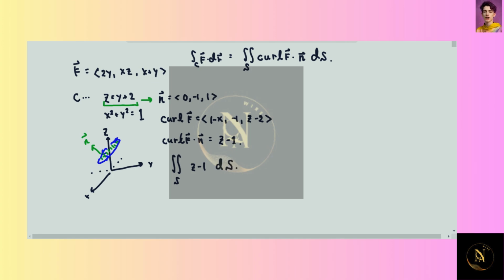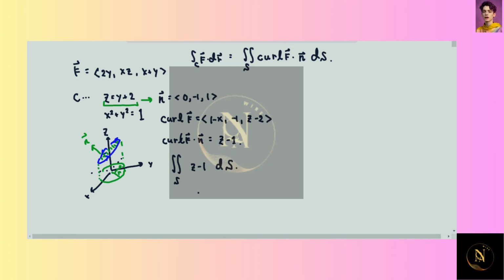Now I am going to straightforwardly calculate this, but I like to parameterize the surface so that the projection is onto the xy plane, so that it's going to be a straightforward circle. The radius is r, the angle is theta. The usual parameterization where we use sines and cosines and the radius r to evaluate this double integral.